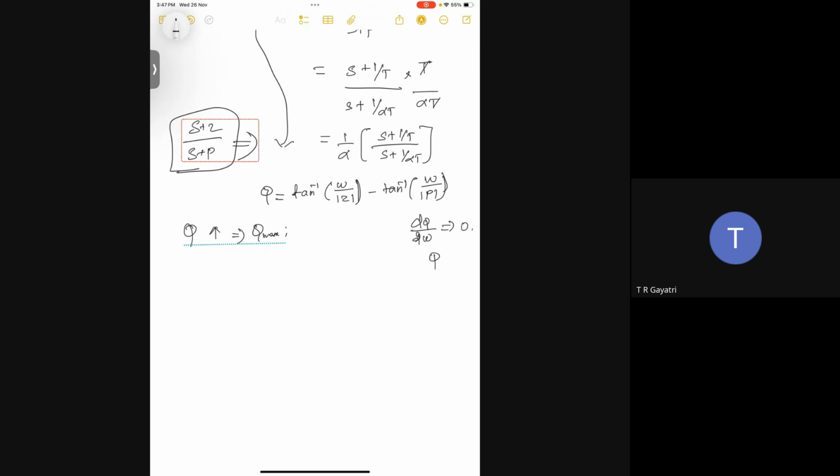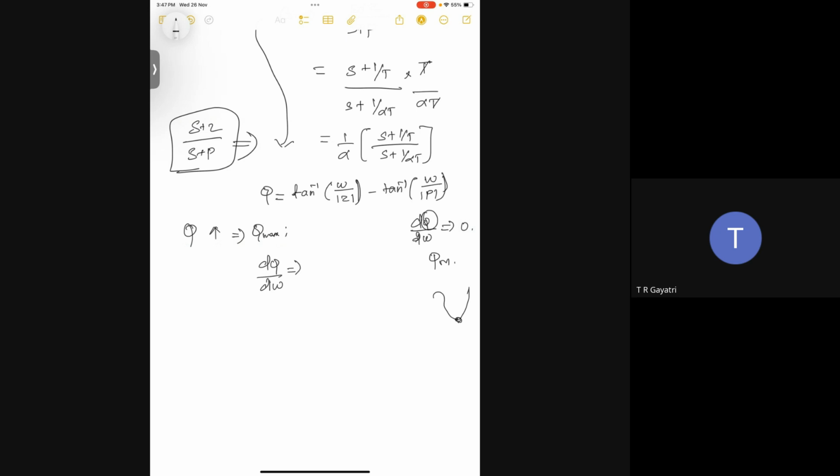This is a common practice, right? When you want to find the maximum value, we find the derivative and see where the maxima or minima is. So we are finding d phi by d omega and going to equate that to 0.